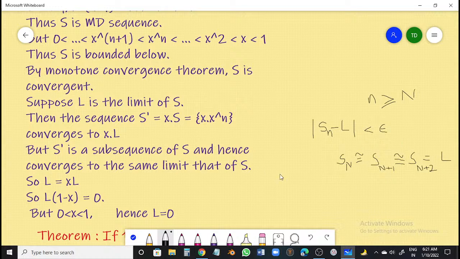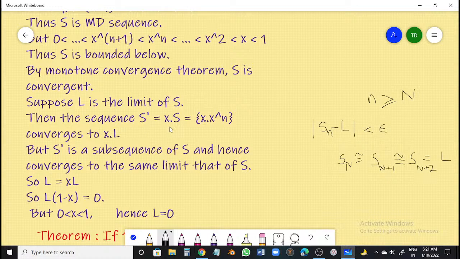Now what we will do is take the help of the concept of subsequence. Let us gather all terms of this kind, meaning x times x raised to n. The sequence is x raised to n already, which we call S. And if I multiply all the terms by a constant x, then I get another sequence which is known as S dash.